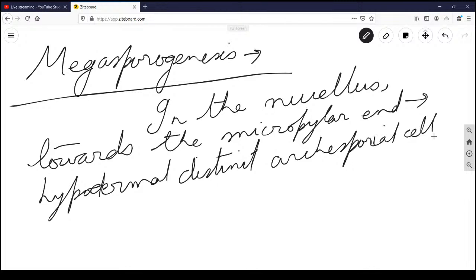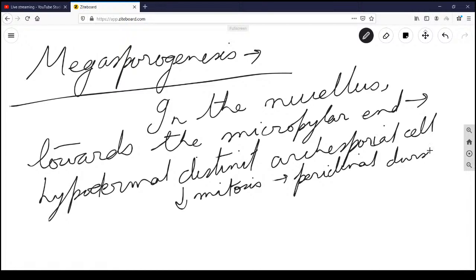So they divide mitotically in a periclinal plane, resulting in an outer primary parietal cell and an inner primary sporogenous cell. So they will undergo mitosis. What kind of division? Periclinal division. Always remember for NEET examination.